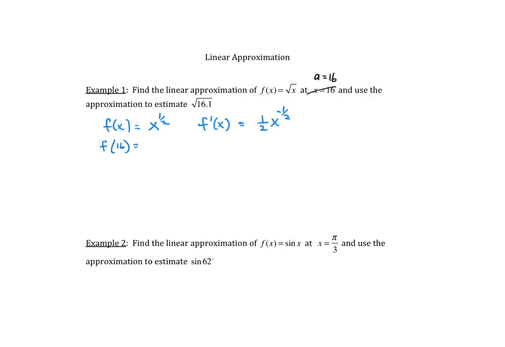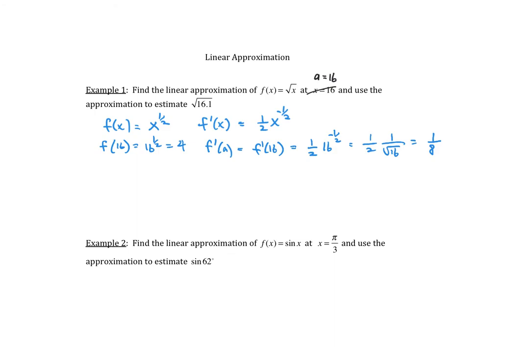That's going to be the square root of 16, which is equal to 4. And f prime of a is really f prime of 16, and that is going to be equal to 1/2 times 16 to the negative 1/2, right? And that's going to be equal to 1/2 times 1 over the square root of 16. Now the square root of 16 is 4.